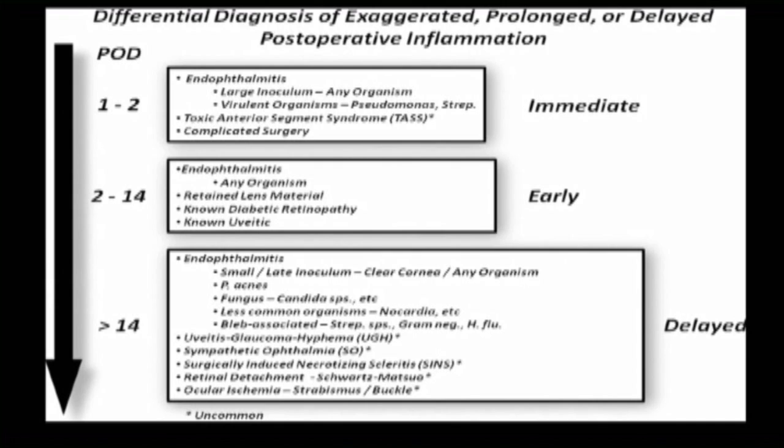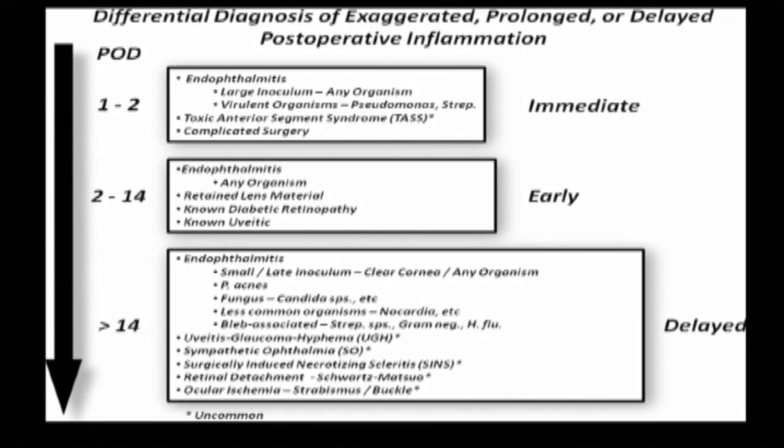At 2 to 14 days, it's endophthalmitis from any organism really. Retained lens material can cause that as well. We know patients with severe levels of diabetic retinopathy have compromised vasculature, and they're much more likely to have a prolonged or excessive exudative response after smaller insults or less inflammation than other patients might have, and uveitic patients, of course, as well.